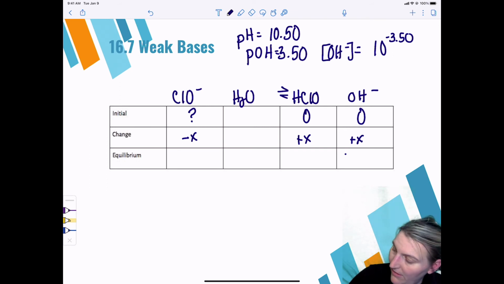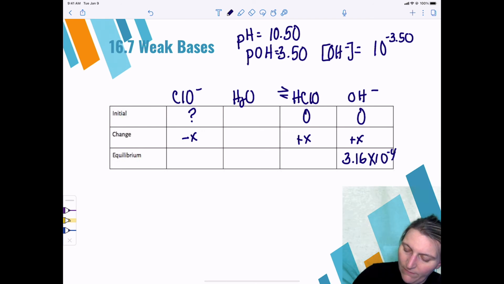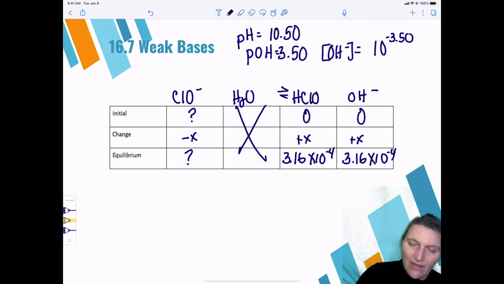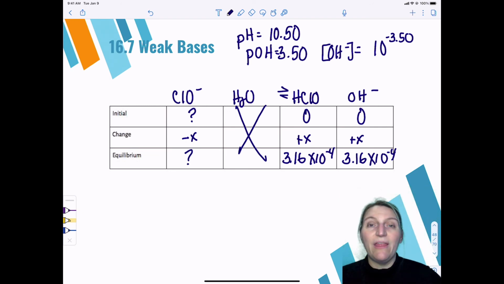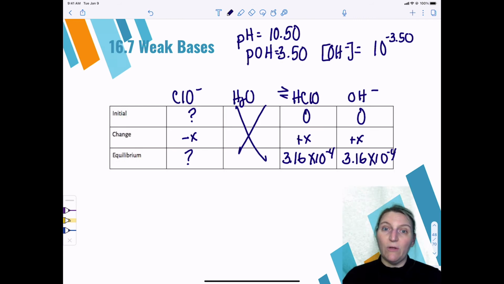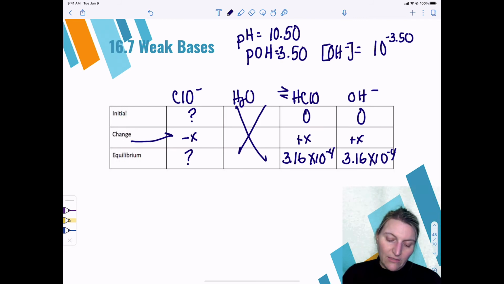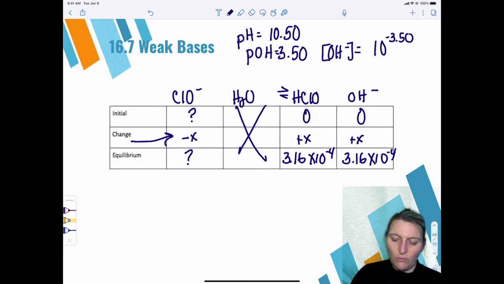So that is this right here, 3.16 times 10 to the negative 4. I'm going to say that that's still X, or that's still question mark, what I don't know, because when I subtract X, for acids and bases, we're saying that that is negligible.